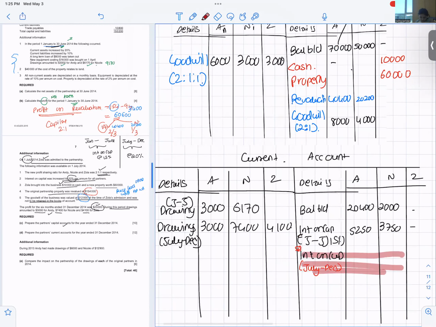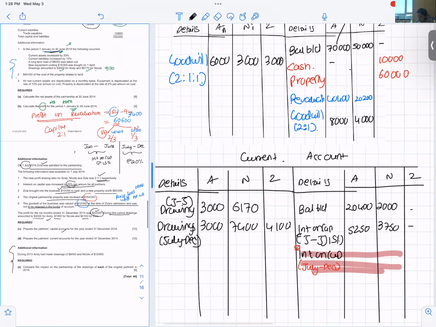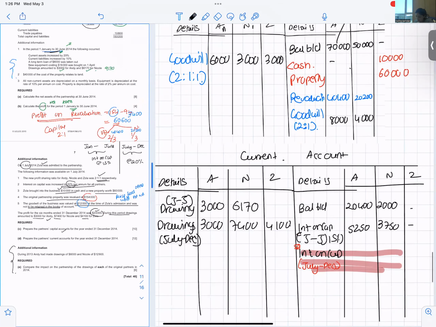Okay. Is there anything else? During the year, Andy made a drawings of 6,000 and 12,900. You have to calculate impact on capital. So this is at the later stages. I will close the capital account.